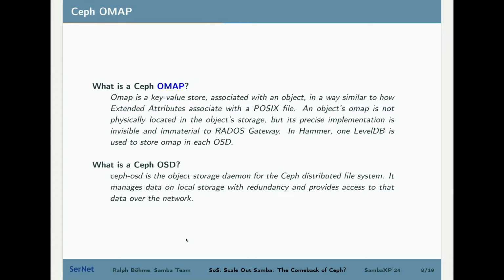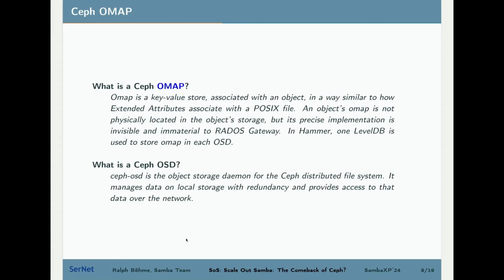Maybe some of you are also not familiar with what a Ceph OSD is. The Ceph OSD is a daemon, or several daemons, per Ceph storage node, and I think the storage nodes are also called Ceph OSDs.